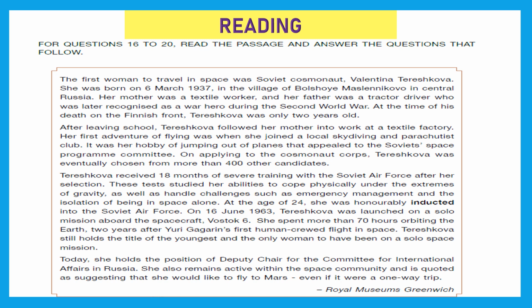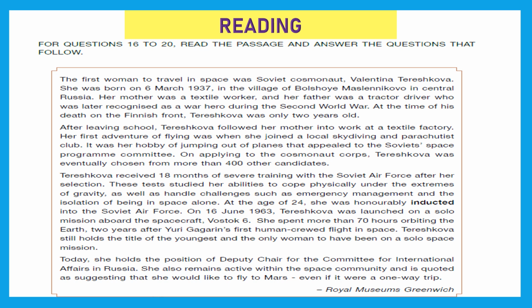At the age of 24, she was honorably inducted into the Soviet Air Force. On 16th June 1963, Tereshkova was launched on a solo mission aboard the spacecraft Vostok 6. She spent more than 70 hours orbiting the Earth, 2 years after Yuri Gagarin's first human crewed flight in space.